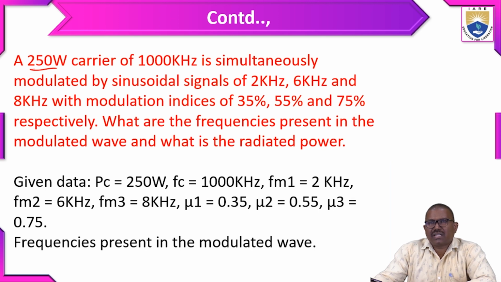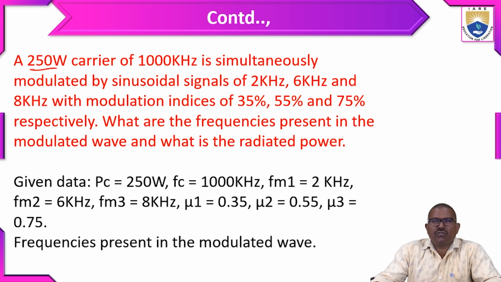This carrier is simultaneously modulated by the sinusoidal signals, which is nothing but the message signals. So 3 message signals are used here. First one is fm1, 2 kilo. Second one is fm2, 6 kilo. Third one is fm3, 8 kilohertz.